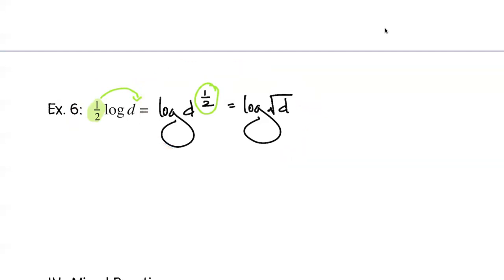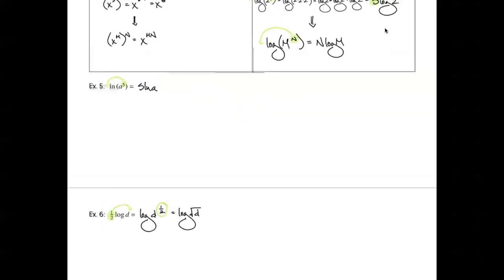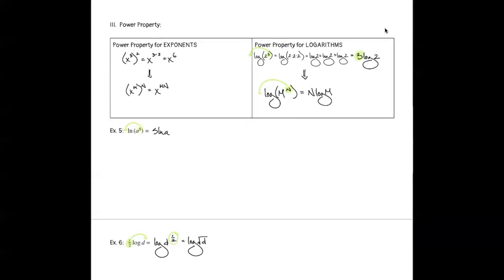And so any chance we can practice that a little bit, knowing that it's going to come up again, I think would be useful. Right? So this is your power property all on one page. But again, I think each of these alone isn't so bad. It's more when we mix them together, how do we unpack those?